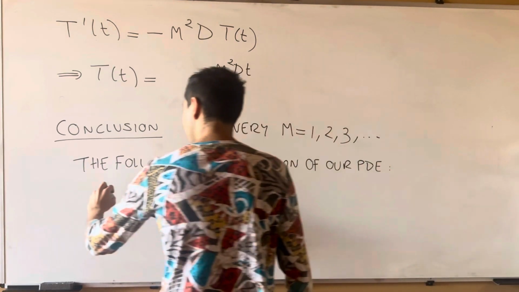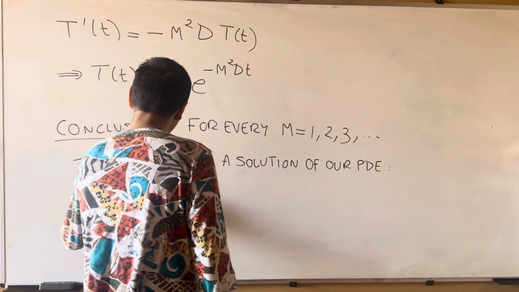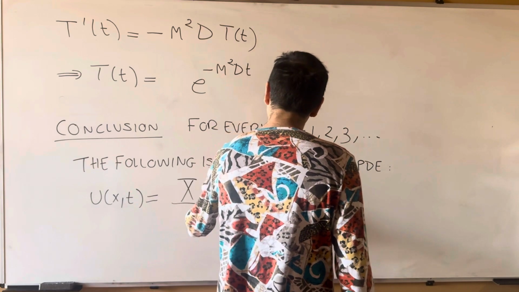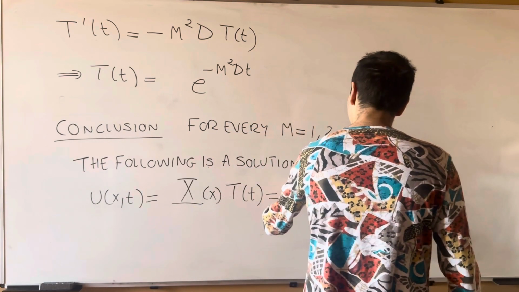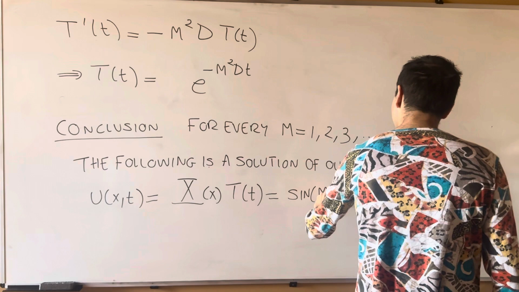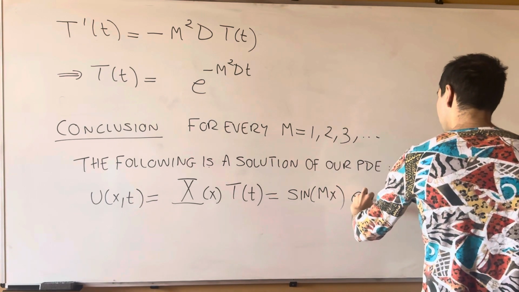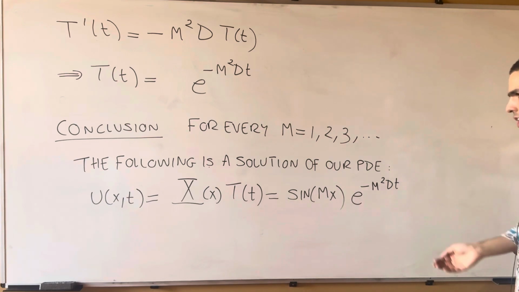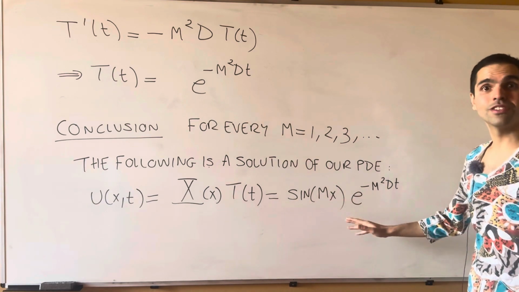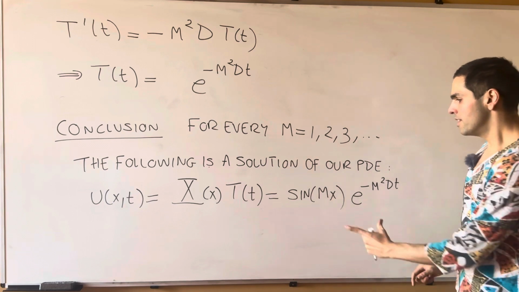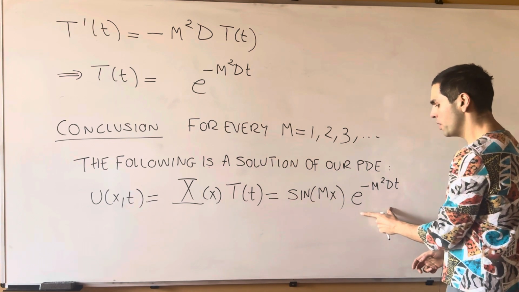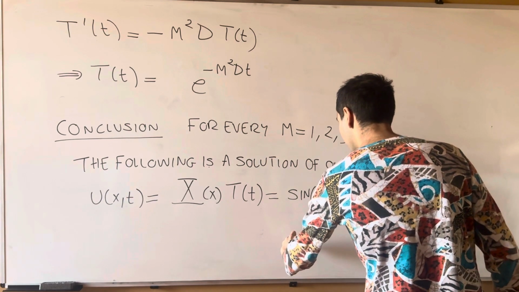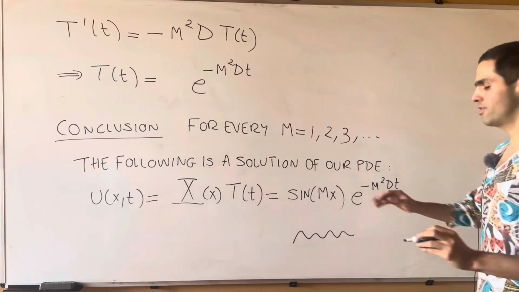Namely, u of xt is, once again, x of x times t of t, and that becomes sine of mx times e of minus m squared dt. So we already found very interesting solutions of our PDE. So it's kind of oscillating, but also goes to zero as t gets very large. So it kind of looks like this, at least for large t.